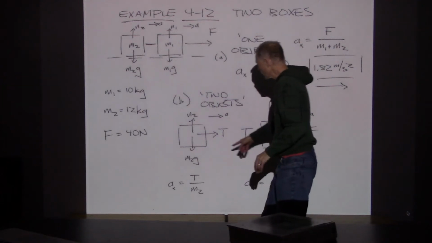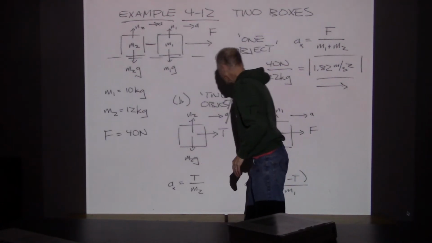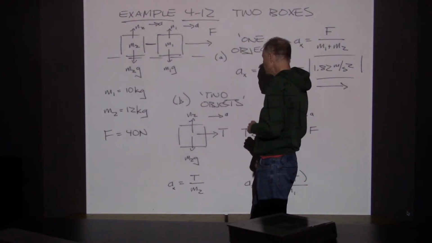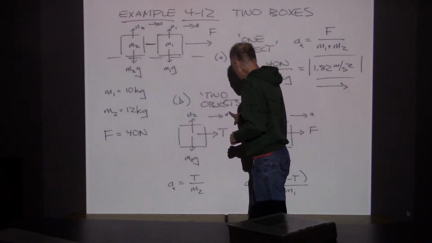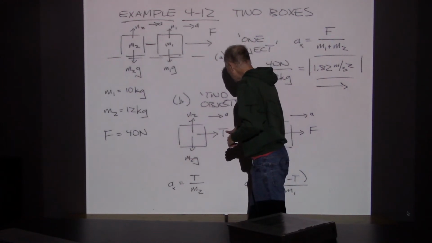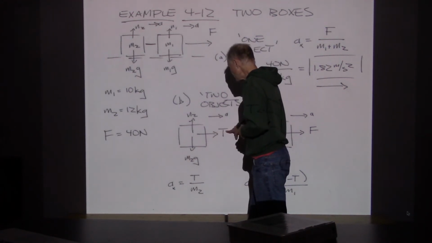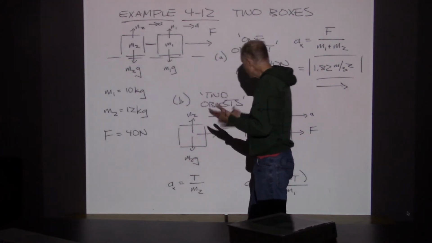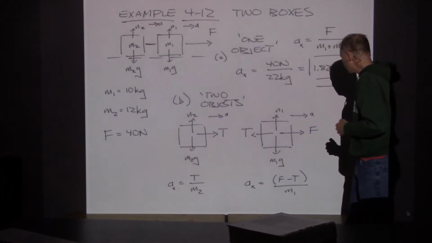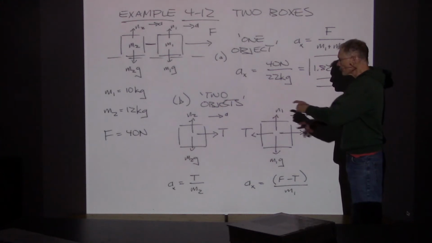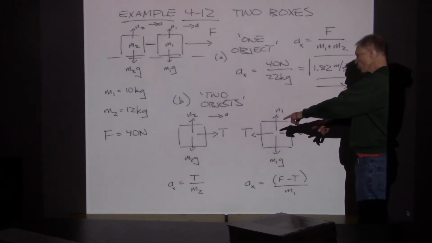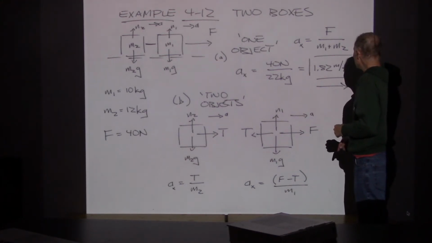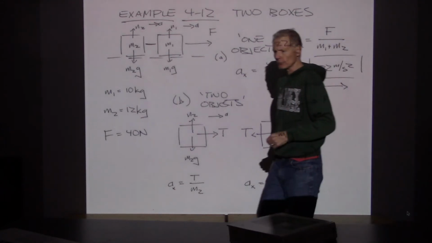Or I could just focus on object 2 and say the acceleration of object 2 is equal to the net force, which is T, divided by m2. That's even easier. That doesn't have two forces, it just has one. Either one of those should give me the same value for tension.